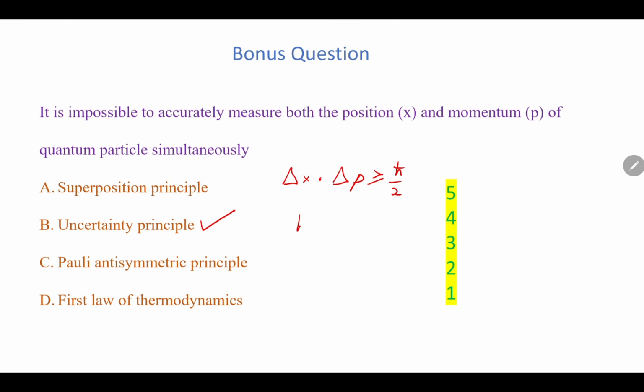And we all know that reduced Planck's constant is equal to Planck's constant over 2 pi. So if we substitute this into the equation, the product of the change in position and the change in momentum will be greater than or equal to Planck's constant over 4 pi. This is the Heisenberg uncertainty principle.